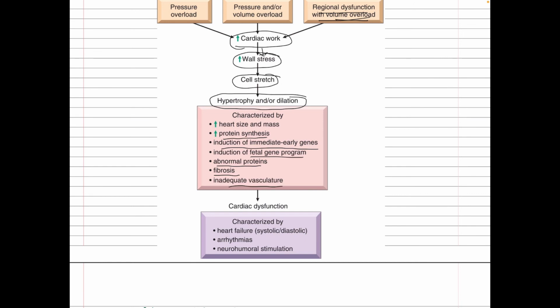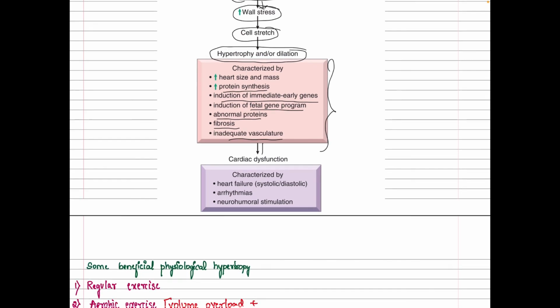That is, in pathological hypertrophy, there will not be an increase in capillaries. This process leads to cardiac dysfunction. This leads to heart failure or arrhythmia or neurohumoral stimulation.